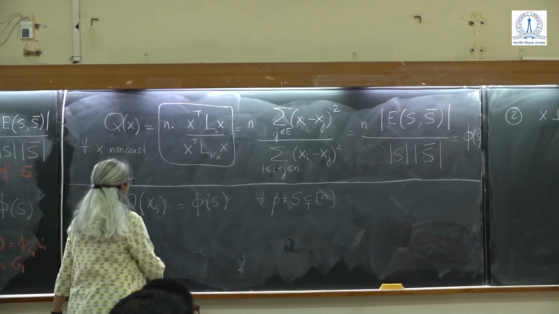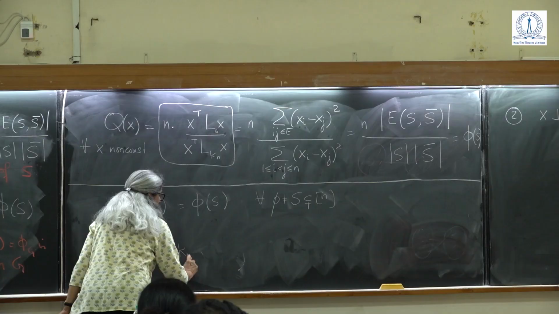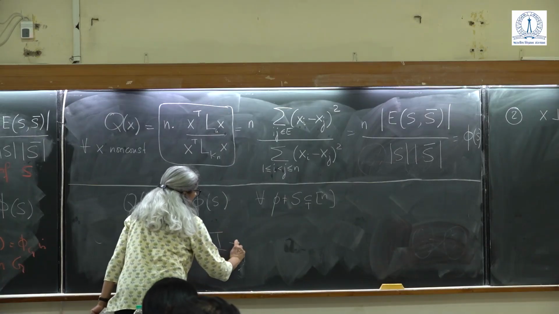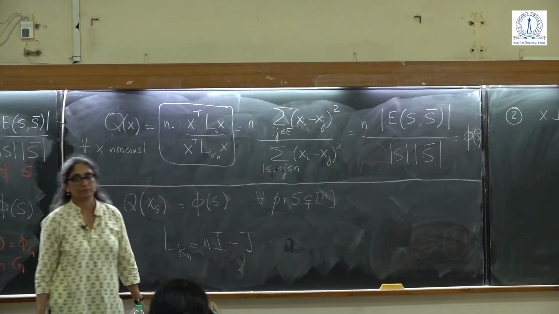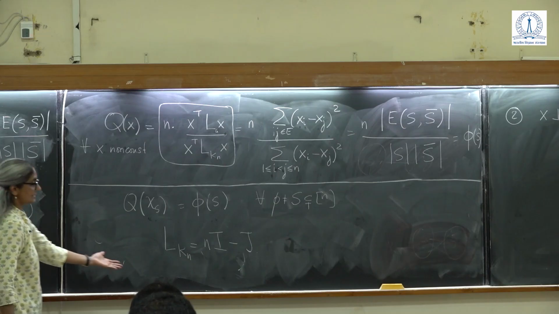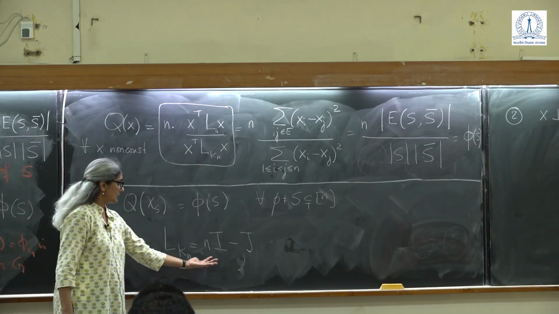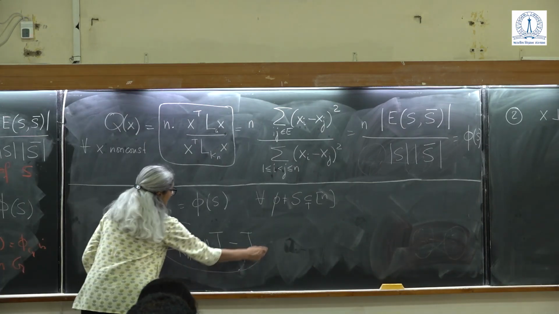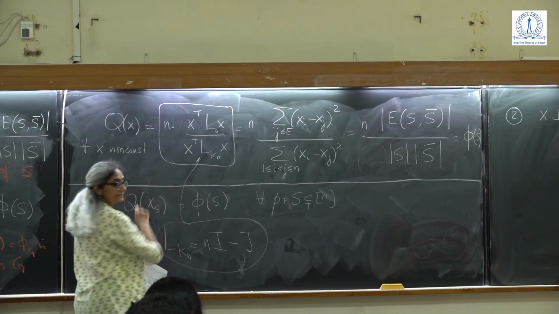So you could use what you just did in the exercise, right? This Laplacian is ni minus j. This might be helpful. Okay, so if you use this, this was the exercise we did at the beginning. So use this maybe in here.